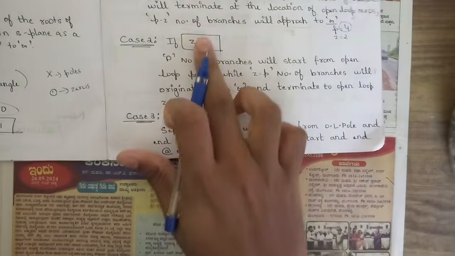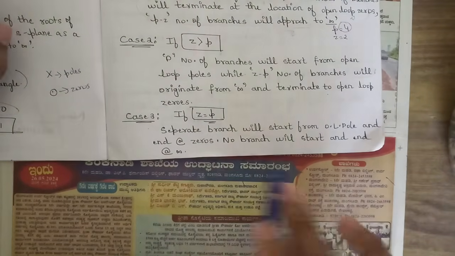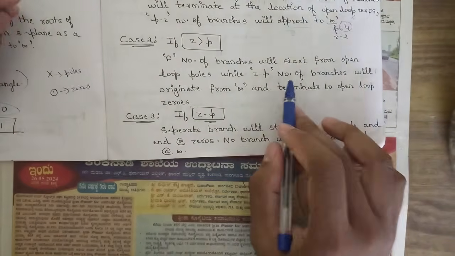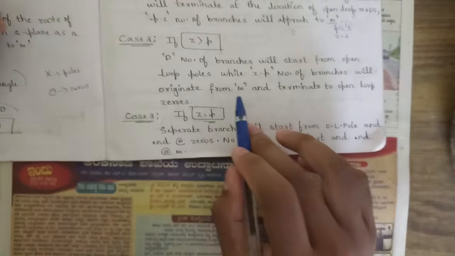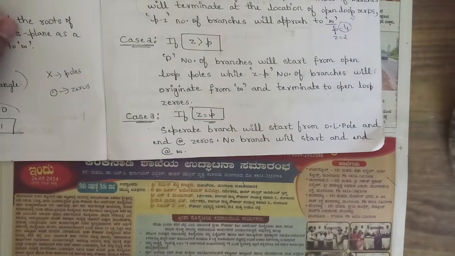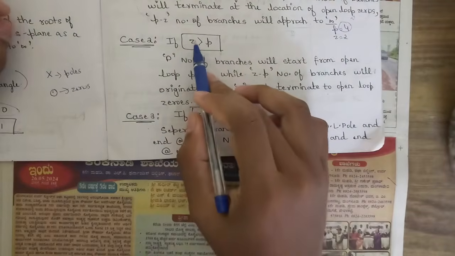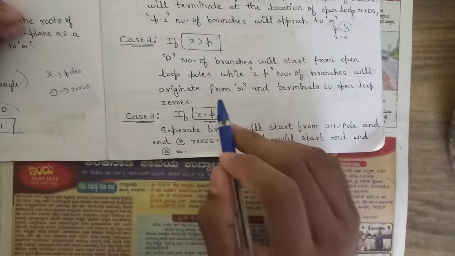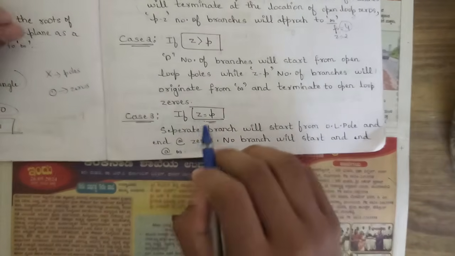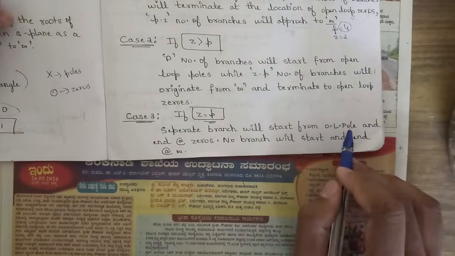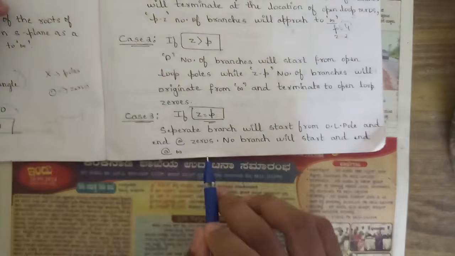Case 2 says that if z is greater than p, p branches will start from open loop poles, while z minus p branches will originate from infinity and terminate at open loop zeros. That is, they originate from infinity whenever there are more zeros, and terminate at the open loop zeros. Case 3 says that if z is equal to p, a separate branch will start from each open loop pole and end at a zero.